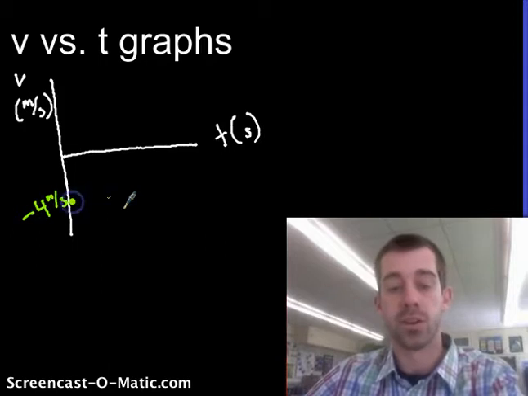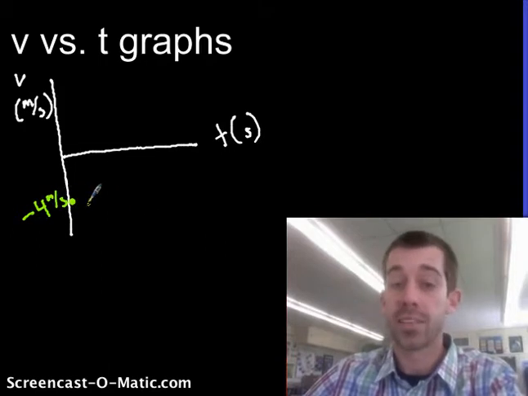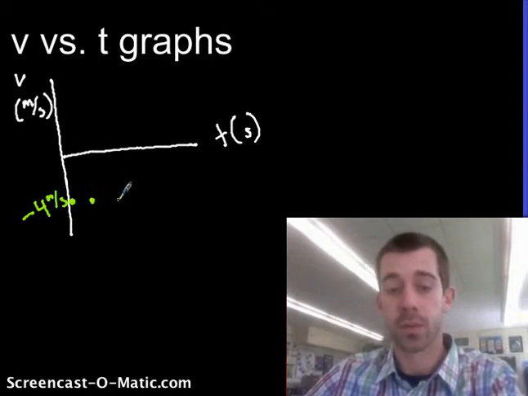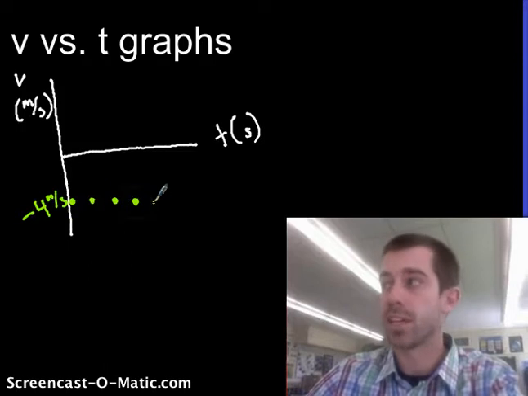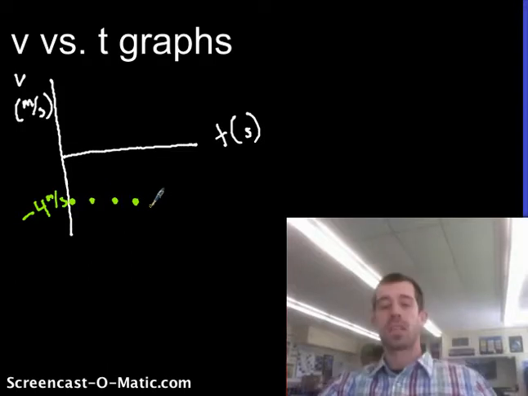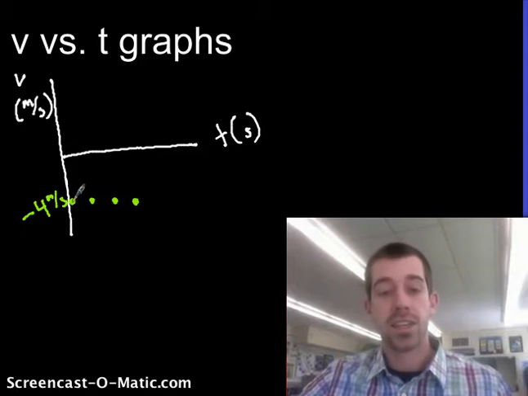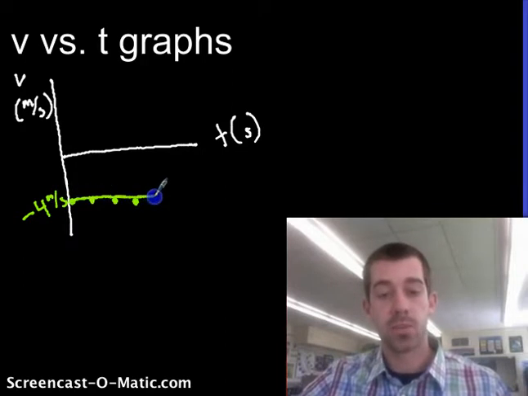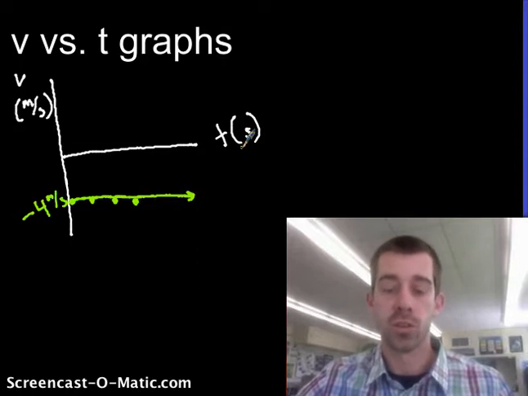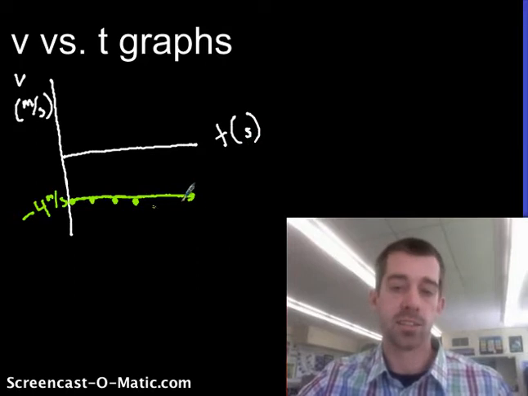Well, at time 0, it's -4. 1 second later, still -4. 2 seconds later, still -4. 3 seconds later, still -4. So, since it's constant, this line is always going to be horizontal. It's always going to have a slope of 0 because the velocity doesn't change.